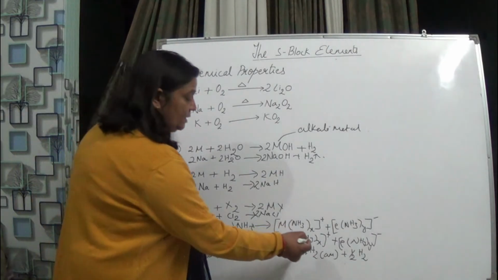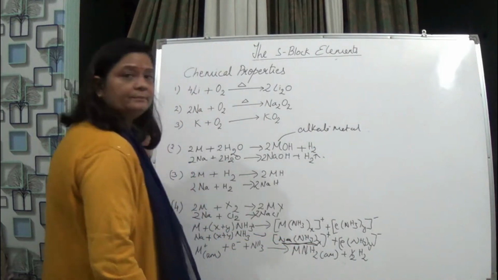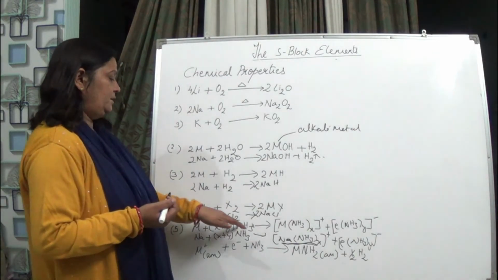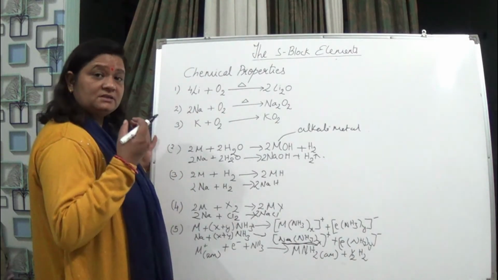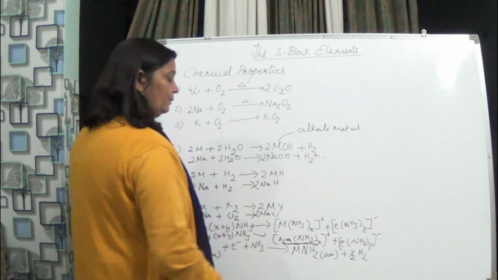This gives a deep blue solution with liquid ammonia. It turns blue in color due to the presence of ammoniated ions.